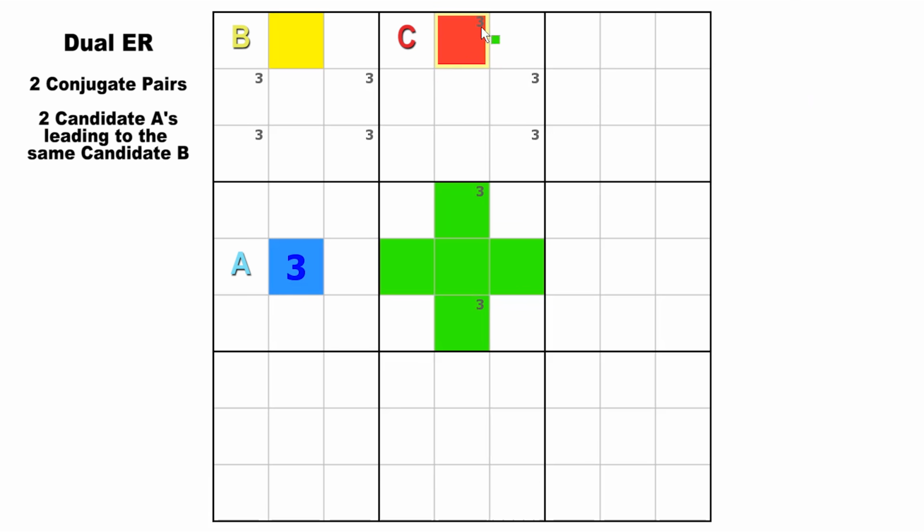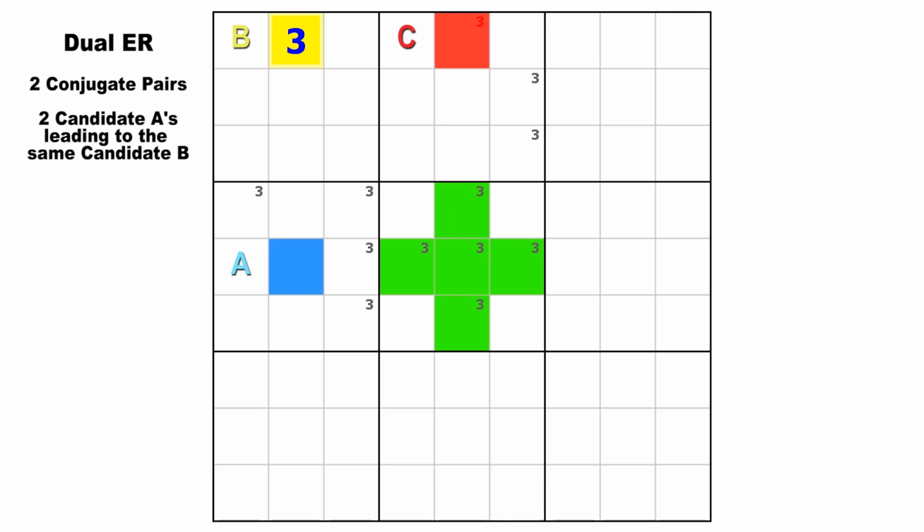Okay? That would be false. So now let's do it the other way and say if this candidate 3 is false, then the yellow 3 must be true because that's a conjugate pair in column 2. So if that candidate 3 is true, again, the candidate 3 in the red cell in row 1, column 5 is false either way and can be eliminated.